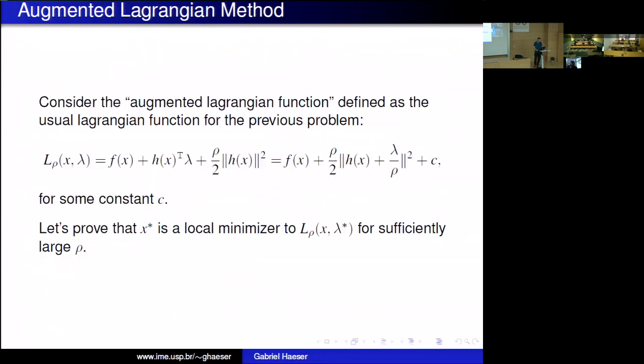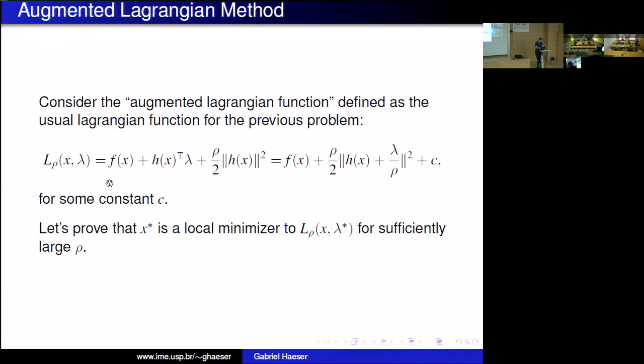And let's consider the Lagrangian function for this auxiliary problem. So this is what is called the Augmented Lagrangian function. It's simply the usual Lagrangian for this augmented problem. So here it is: the objective function, f, plus the penalty term, plus the term with the Lagrange multipliers associated to the constraints.